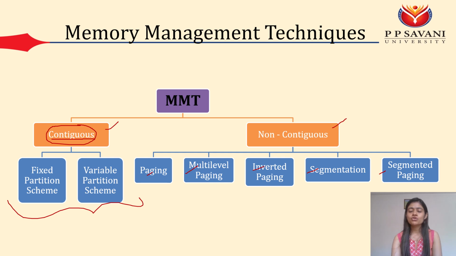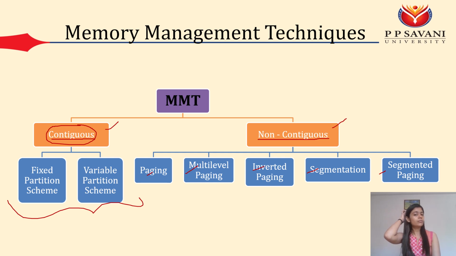Let's suppose your operating system is working on non-contiguous allocation. Then it is not necessary that I require a contiguous free 100 MB space. If I have scattered memory available at different locations, but the summation of that free memory is 100 MB, then allocation of that process is possible in non-contiguous allocation.